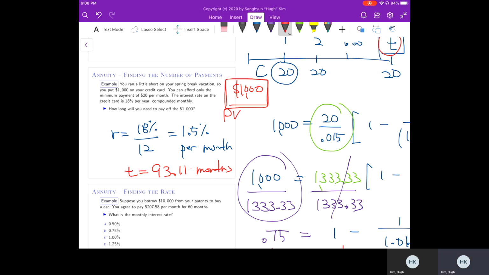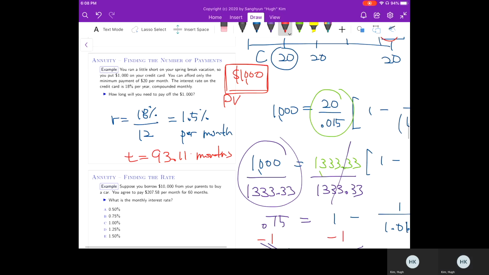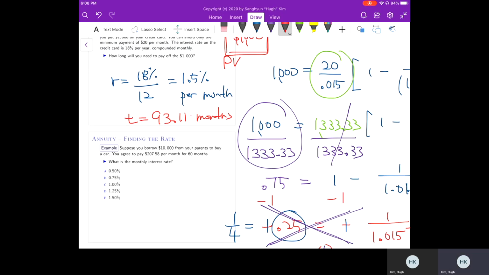Okay, so let's look at the next example. This will illustrate a different situation. Suppose you borrow $10,000 from your parents to buy a car, and you agree to pay $207.58 per month for 60 months.